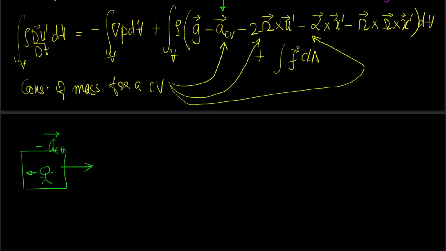Let us consider a disk like this which is rotating. The rotation vector is towards us, and let us say I strike this carom piece along this direction. If I am standing in the lab frame and it is a completely frictionless disk, then the carom piece will only move in this direction.